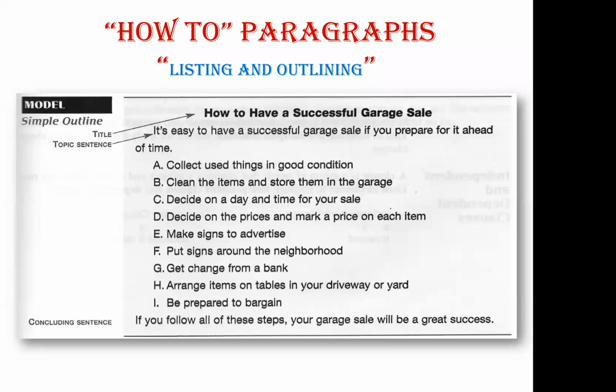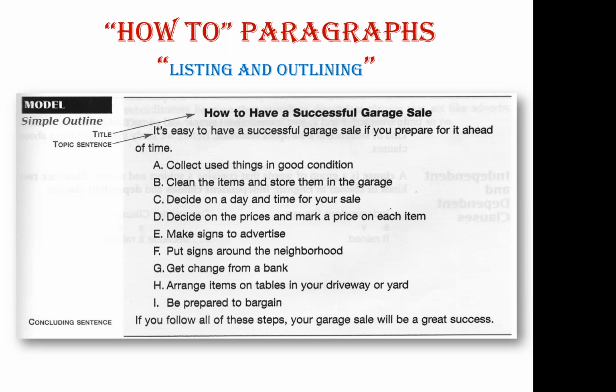We put the title, how to have a successful garage sale. Then we put the topic sentence. It is easy to have a successful garage sale if you prepare for it ahead of time. So we put the title, we put the topic sentence, then we arrange the ideas that we made in the listing process, and we put them in sentences, in steps, without using the transition signals.